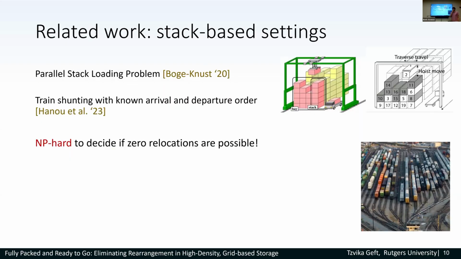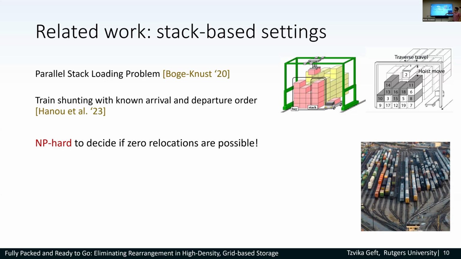Some related work here. This type of ordered storage and retrieval problem, or similar problems, has been studied quite prominently for what I call stack-based settings. These are motivated by the cranes in shipyards, and the access type there is different in the sense that you can only move a load if it's at the very top of a stack.